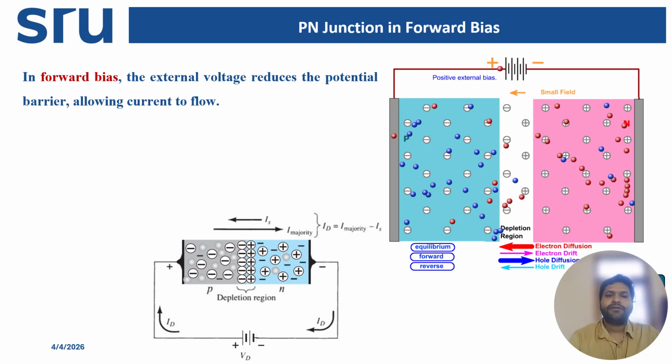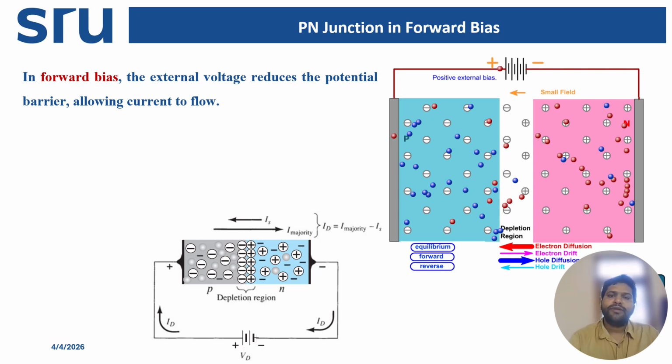So what is the effect on the depletion region when applying forward bias? The built-in potential is reduced and the depletion region becomes thinner. Because the barrier becomes smaller, charge carriers can cross the junction more easily.